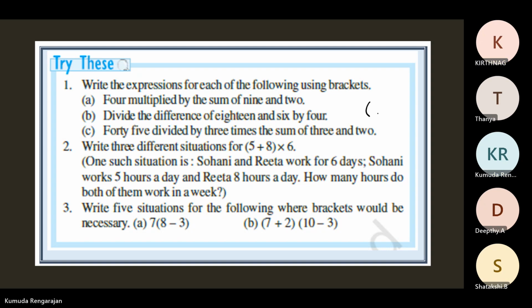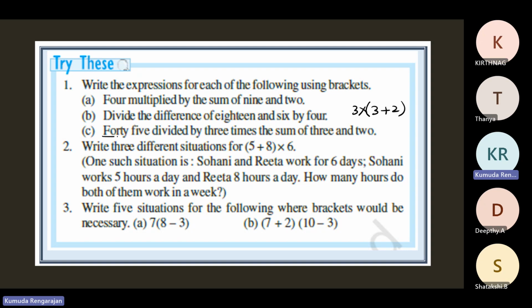In that 3 plus 2, ma'am. Yeah, the sum of 3 and 2 like this. And what is 3 times this? 3 times means 3 into, right? Yes, ma'am, we have to multiply. So this is 3 times the sum of 3 and 2.